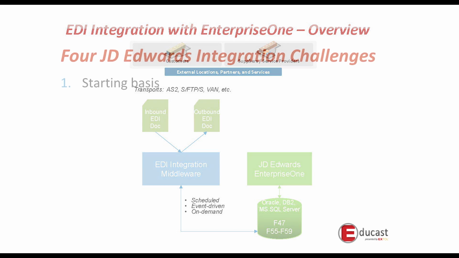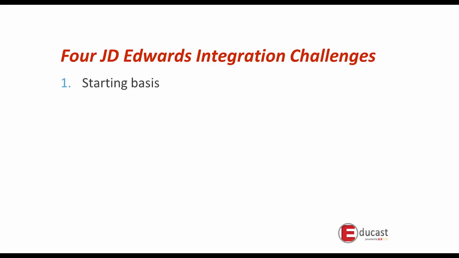For example, there's the fundamental question of what you have to start with when creating new J.D. Edwards integrations. Now, the extreme case is coding integrations from scratch using some programming language. But even with modern integration middleware like Extol Business Integrator, creating maps and business processes and other integration elements from scratch does take time.